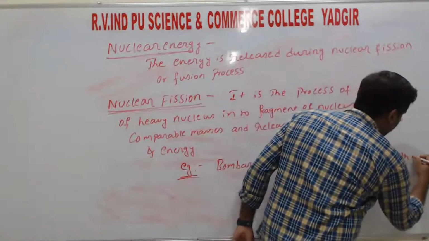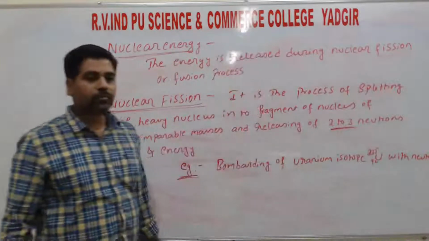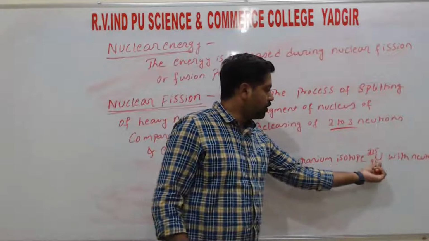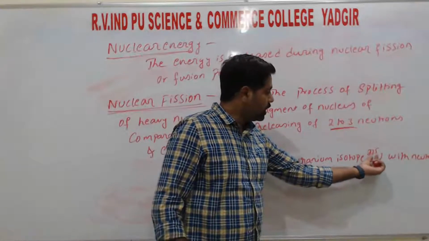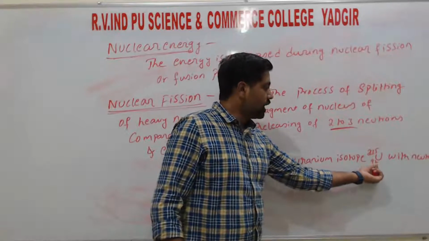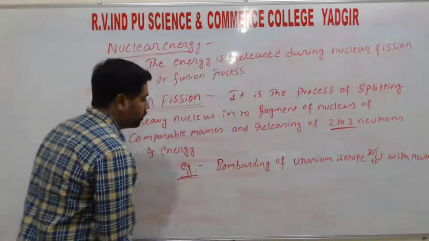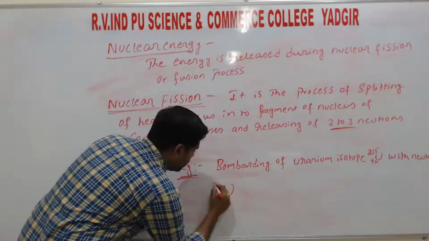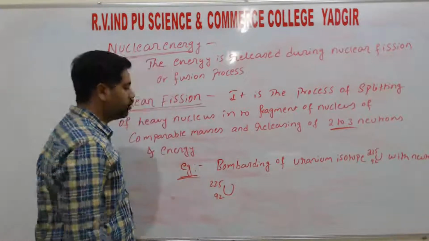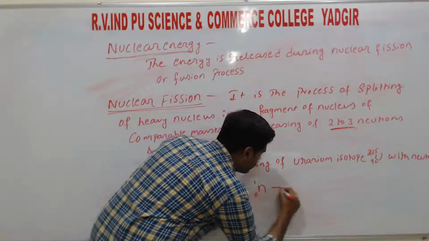So when the uranium isotope, uranium-235 with atomic number 92, where the mass number is 235 and 92 is the atomic number, is bombarded with a neutron, if you write the reaction, uranium 235, 92, plus a neutron.